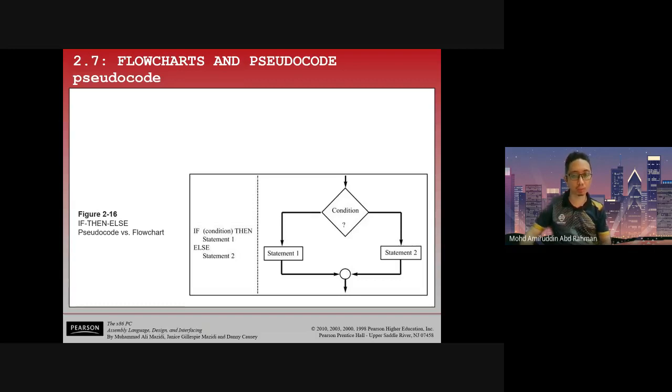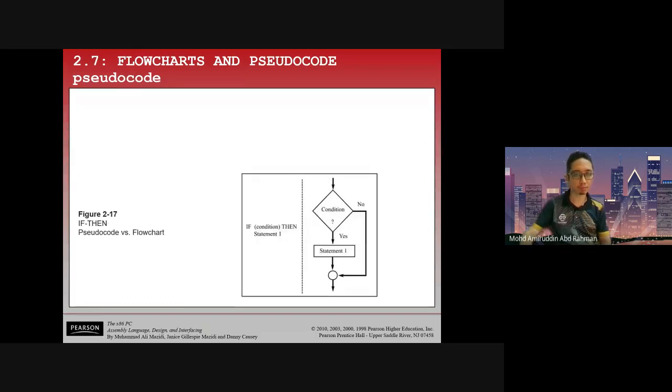So that's your second statement. Over here, we have the condition as well. You might want to add some statement, or you can also not add any statement and just go straight to the next sequence of what you need to do.